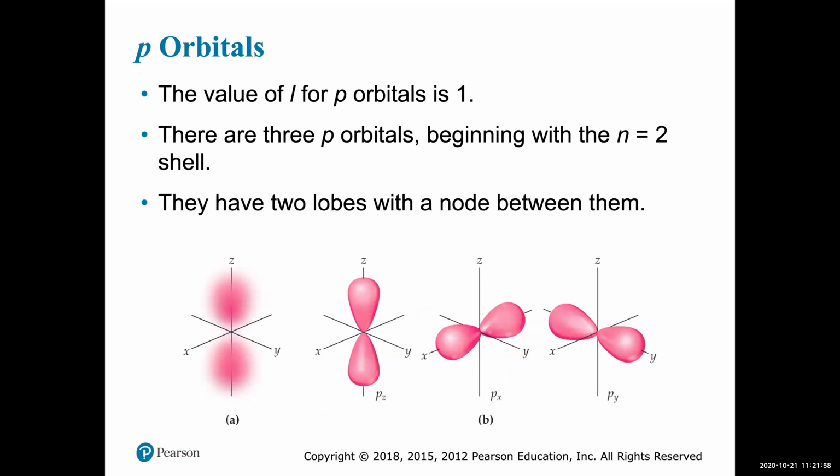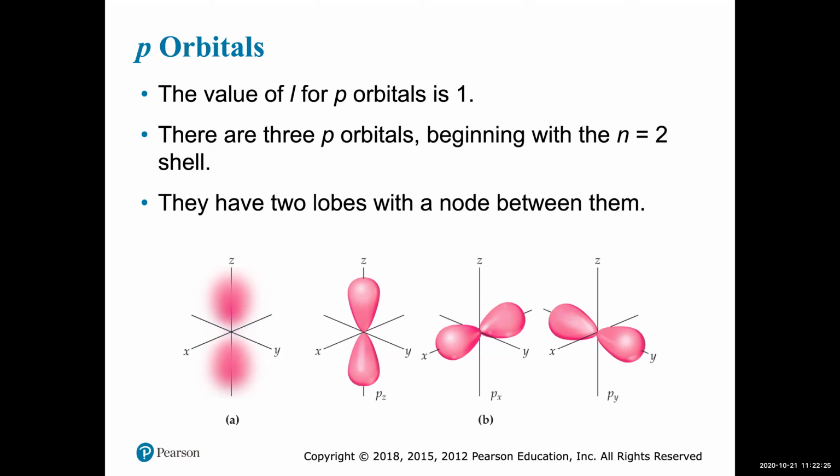Okay, let's look at the p orbitals. So we know there are 3 p orbitals, and they start at the n equals 2 shell. And what we see in that is that they have 2 lobes with a node in between. So a node, remember, is where you're not very likely to find the electron.